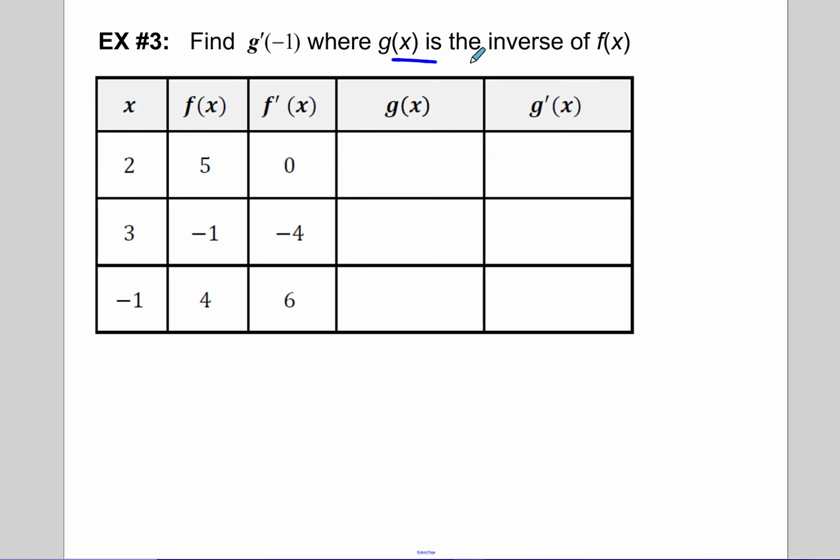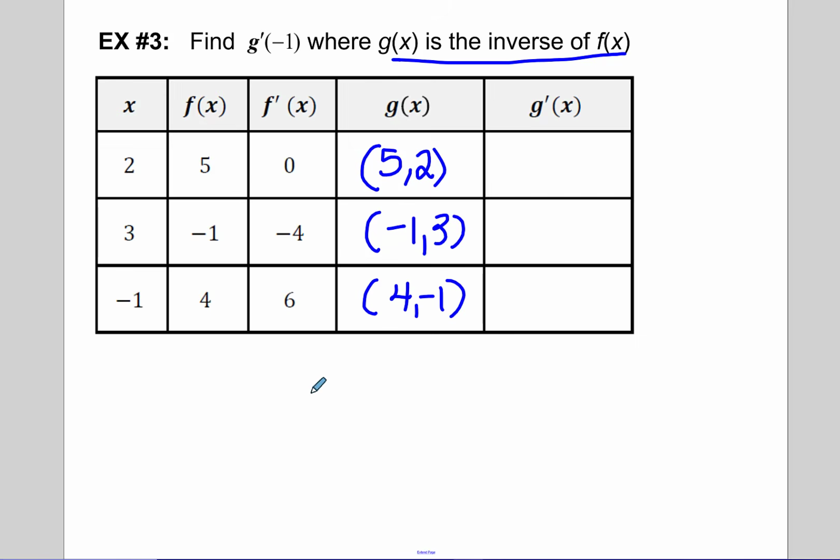And we know g of x is the inverse of f of x. So that tells me g of x is going to have the ordered pair (5, 2), because these are switched, and (3, -1) becomes (-1, 3) on g, and (-1, 4) becomes (4, -1).